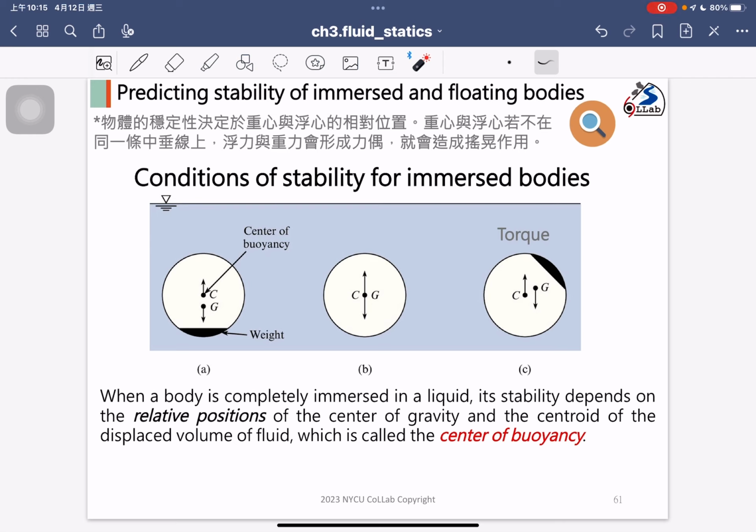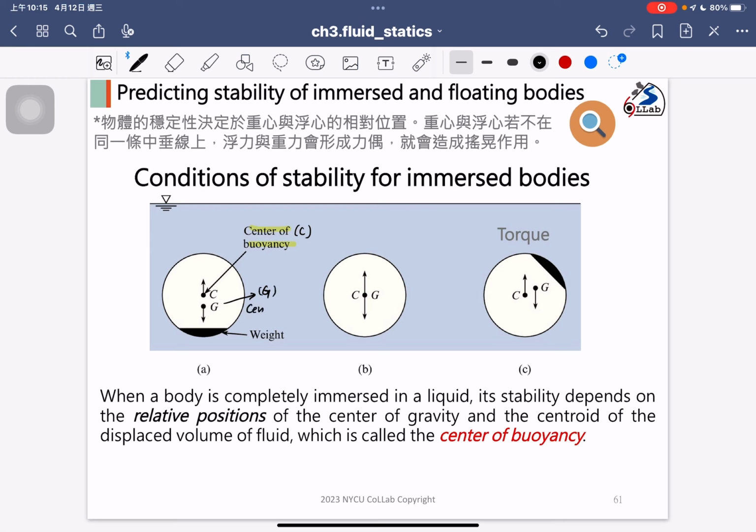Based on the figure, you see that two points are quite important. The first one is the center of the buoyant force, and in this textbook we use the point C to indicate it. The second is the point G, which is the center of gravity.